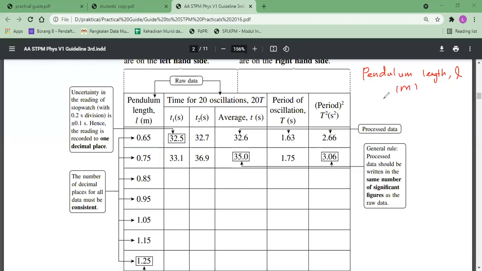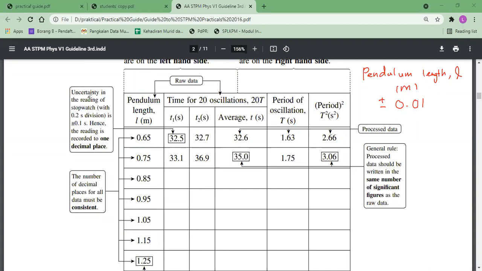Then I will write plus minus here. This pendulum length is measured by using a meter ruler. For example, 0.01 m, or 0.1 cm.